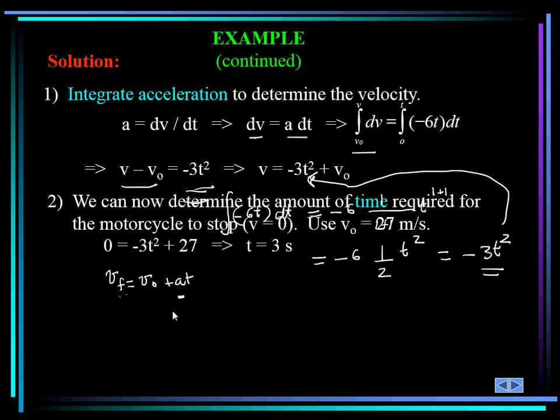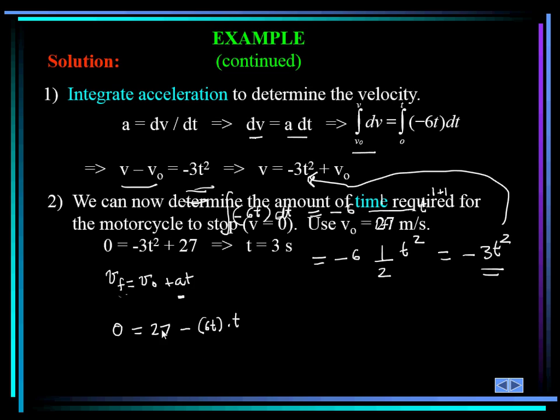And keep in mind that a is a negative number here. The final velocity is 0. The initial velocity is 27. And then minus this 6t, see? This will give us the ability to calculate the time.